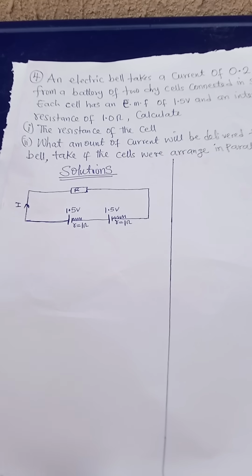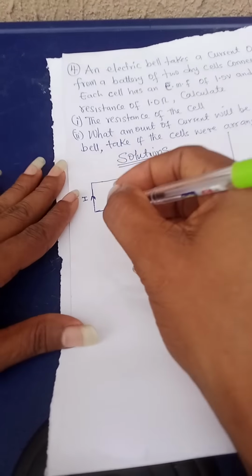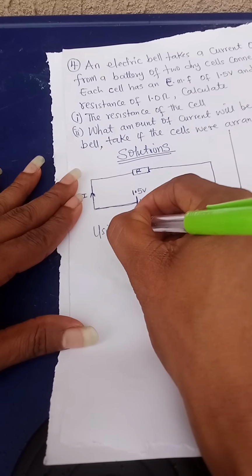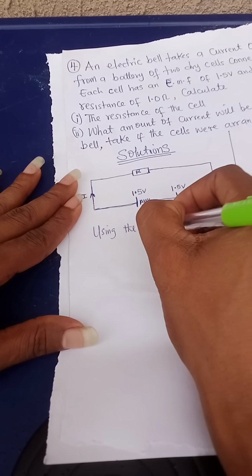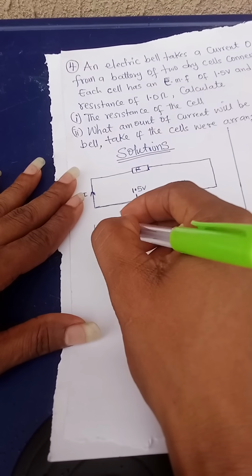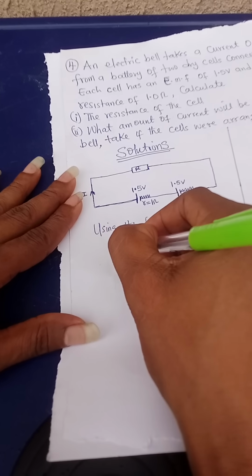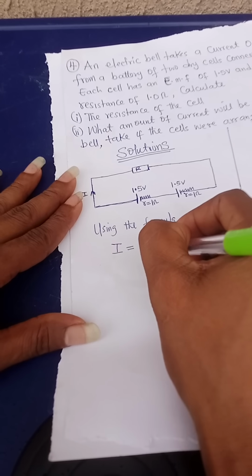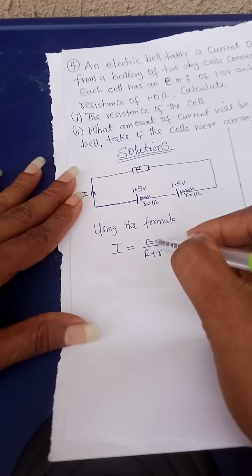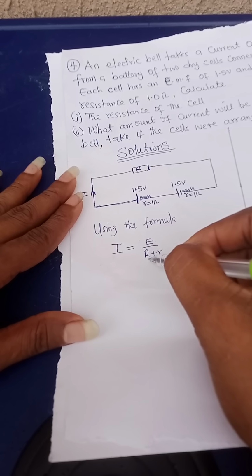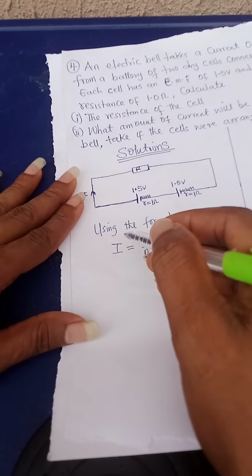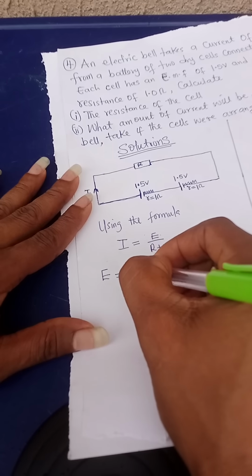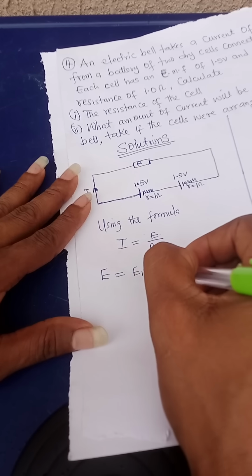Then we start. Look at the formula I will use. The formula we use is I is equal to E all over R plus r. This is the EMF of the cell, the external resistance, and the internal resistance. So I have that my E is equal to E1 plus E2.